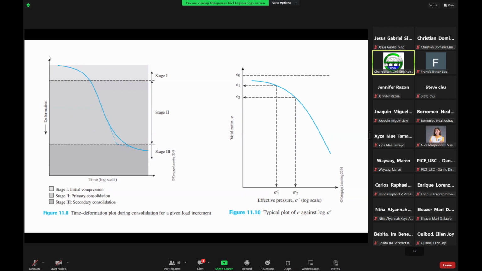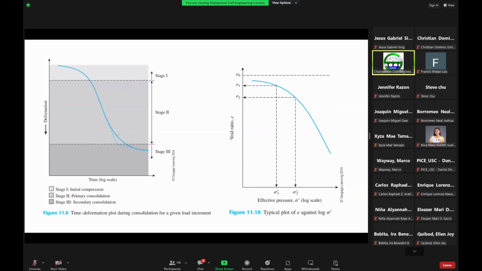If you can see this curve here, the first part of the curve is what we have as stage one, or the initial compression of the clay layer. And then from here, on this part of the curve, this is your primary consolidation. This is now your stage two.